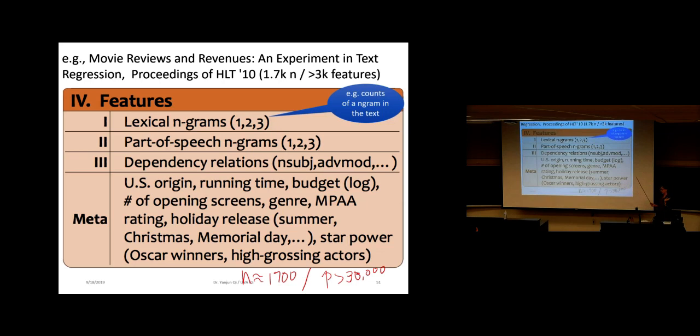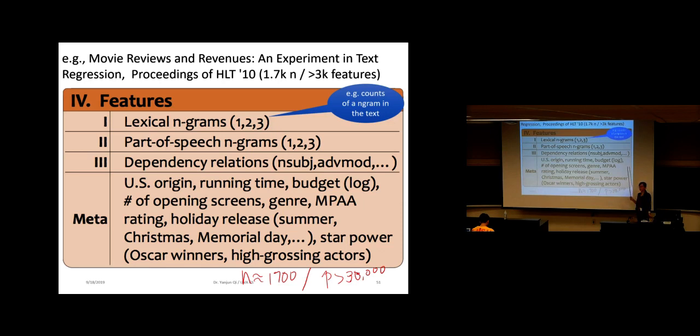And you also have some other part-of-speech features, or there's a lot of linguistically guided feature generation. There's also all the metadata generation. In summary, we get more than 3,000 features. So this is a classic setting, P larger than N.